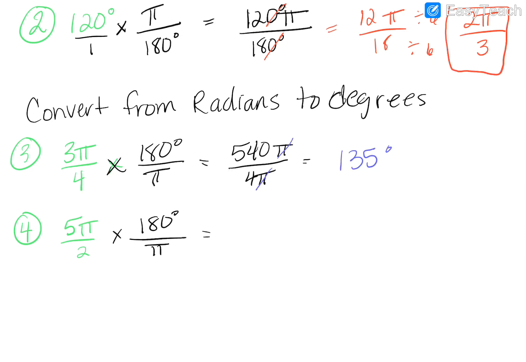I'm going to do 5 times 180. 900 pi, and then 2 times pi is just 2 pi. The pi's cancel, and then we're going to divide 900 by 2, which is just 450. So 450 degrees.